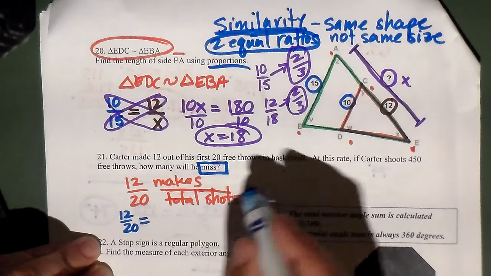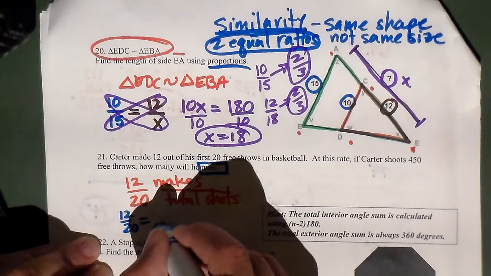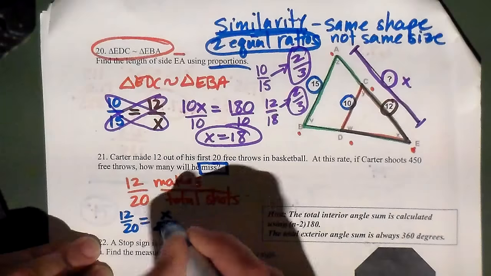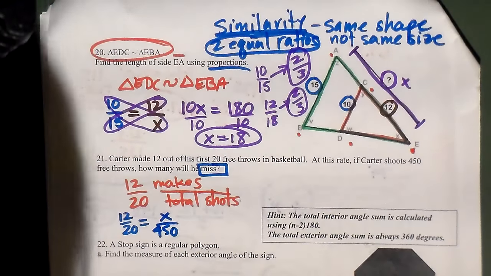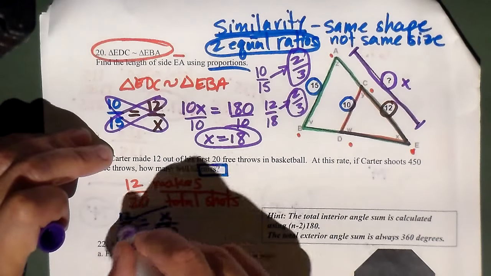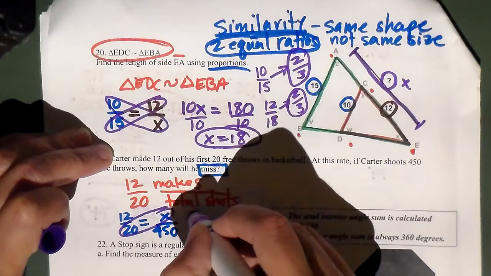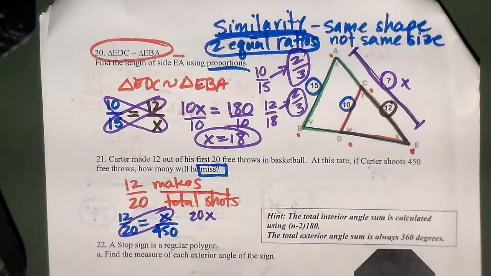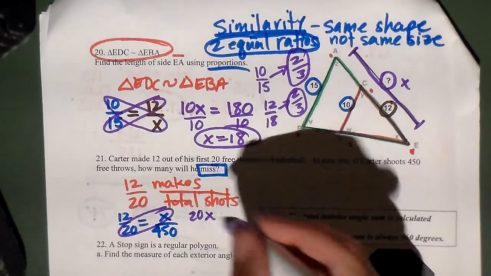Makes over shots equals, so if he shoots 450, remember the total goes on the bottom. Makes over total. How many is he going to make out of 450? So we'll cross multiply, and we've got 20x equals 450 times 12, which is 5,400.